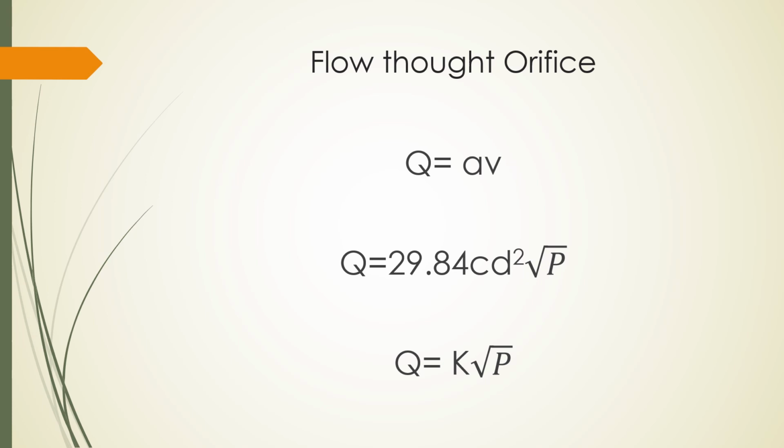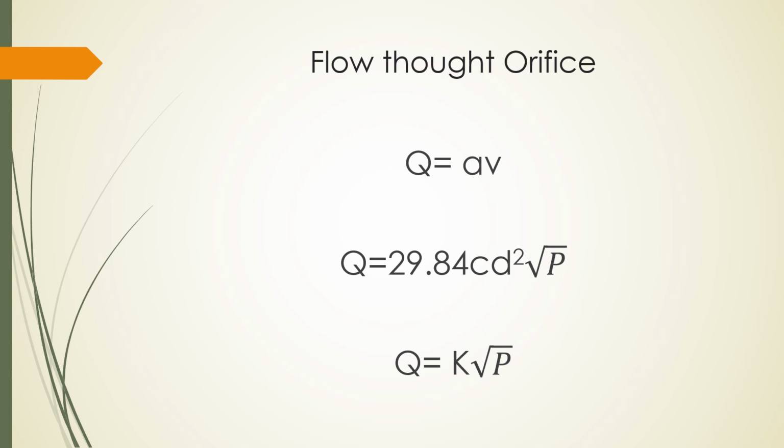This is an actual equation for flow as opposed to the theoretical Q equals AV. As you'll notice, there's a C in there. And that C accommodates friction, turbulence, and constriction of streams. So that C will change depending on the configuration of the orifice.